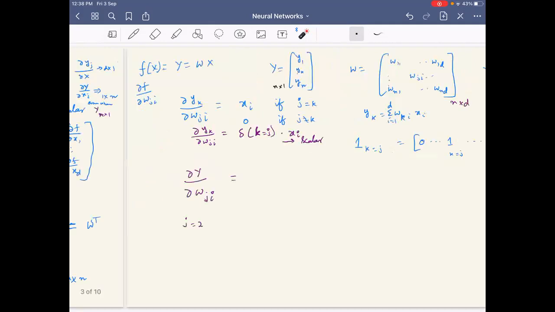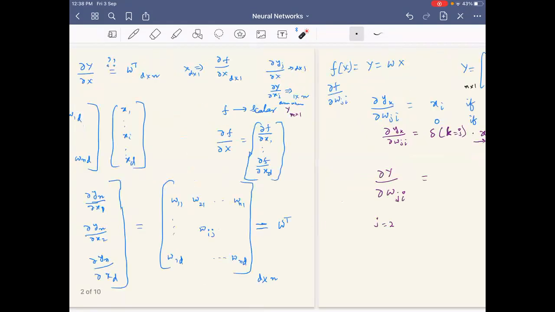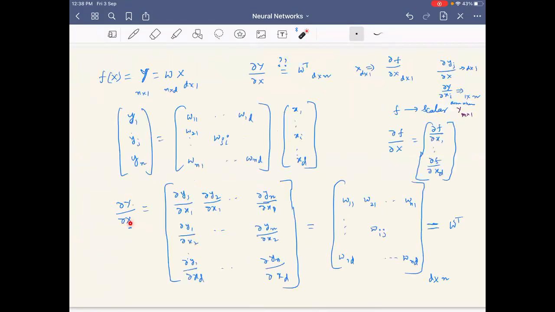However, as we have seen from the definition that we have given here, if the vector is in the denominator, the derivative with respect to a vector is written as a column. When we are finding the derivative of a vector, we write it in a row. This is the notation we are following here. So given this ∂Y/∂Wji, for any particular scalar index, even though it is like this, we are writing it as a 1 cross n vector.